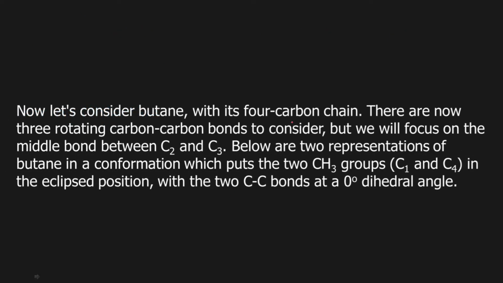Now, let's consider butane. As I've already told you, it's a 4-carbon chain. So we have carbons 1, 2, 3 and 4, CH3, and we have H, and we have H. Here also H, and we have CH3.